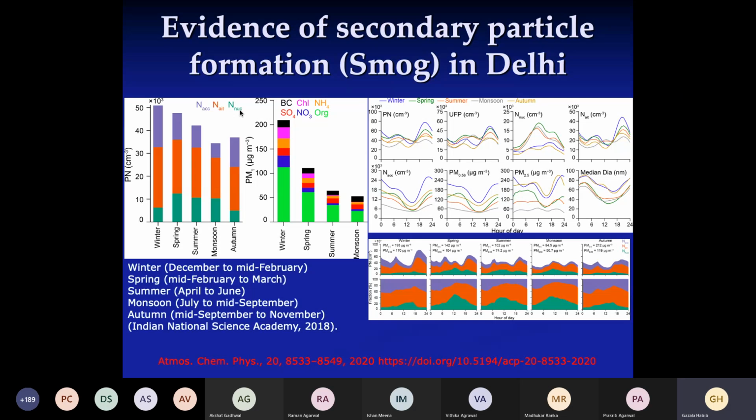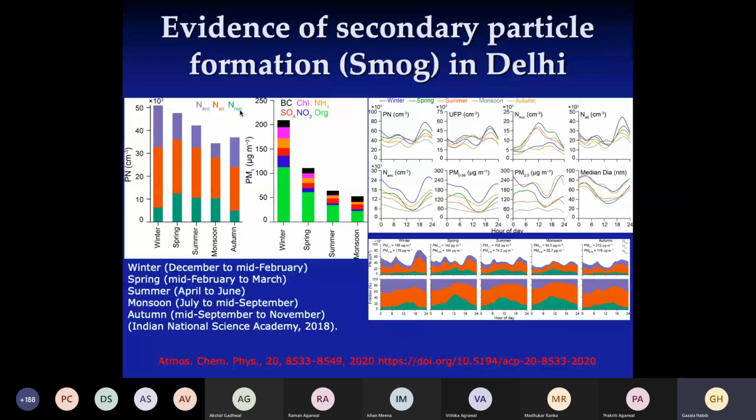Accumulation mode particles are those which, after some time, when these small particles condense or coagulate with each other, or go through various reactions, form bigger particles. That is accumulation mode, greater than 300 or 500 nanometer in size.